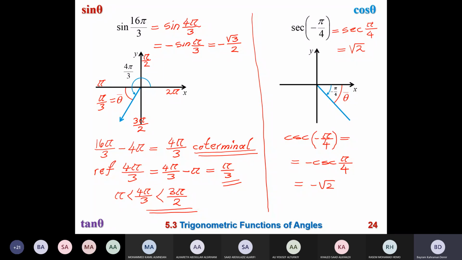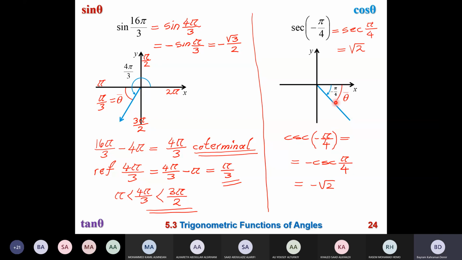Now, for another one, you see the secant of negative pi over 4. Negative pi over 4 is an angle in quadrant 4, and it is a negative angle because of the direction.